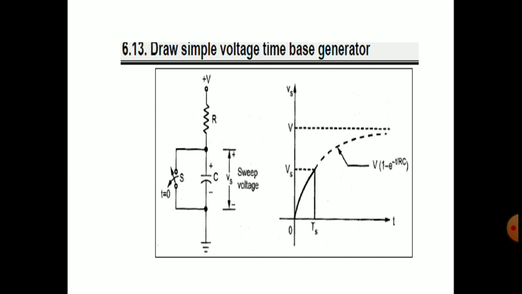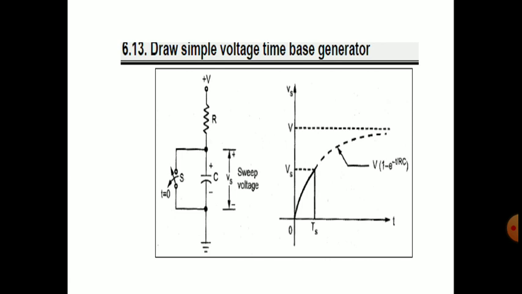If we consider the switch resistance as 0, then the restoration time Tr is also R into C. There is no resistance in the switch, and 0 into capacitor gives 0, so the restoration time will be 0. It will suddenly reach the 0 voltage, discharging from Vs to 0 within no time.